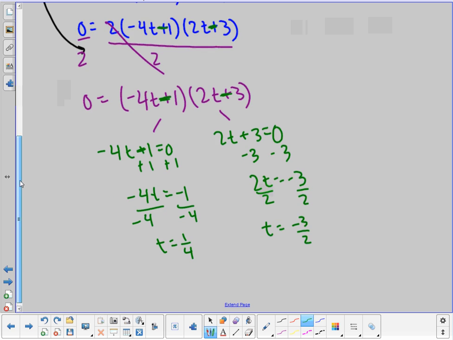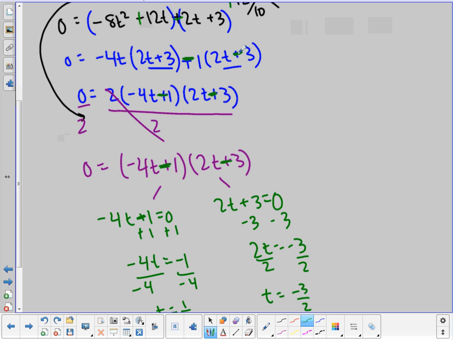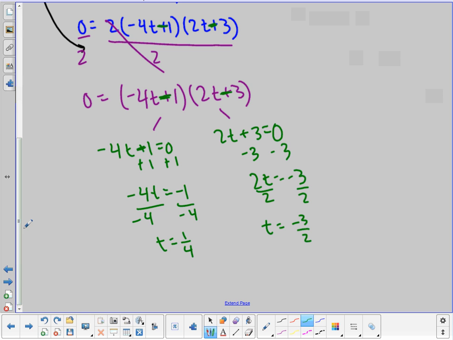So those become minus as well, because once I pull out that negative 1, I've now made that a negative 3. Okay, holy cow. So what happens here is I have a positive 1 divided by a negative 4, which is negative 1/4, and I have a negative 3 divided by a negative 2, which gives me a positive 3/2. So I end up with two solutions, t equaling negative 1/4 and t equaling positive 3/2.